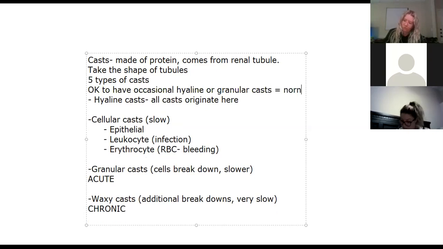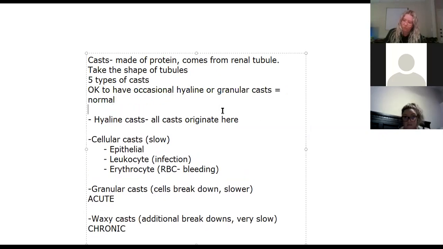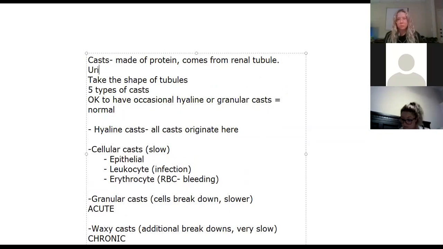But normal will be occasionally showing up in your urinalysis. And this is when we're doing a urinalysis, doing our microscopic examination.